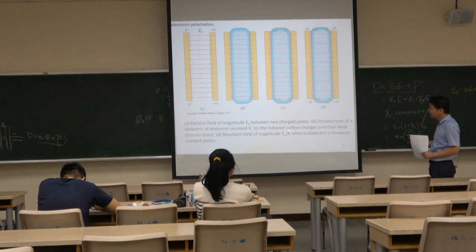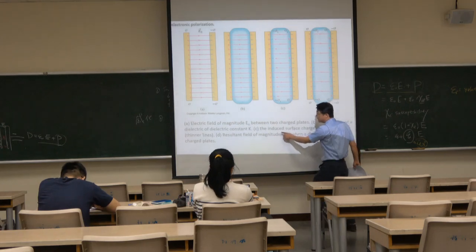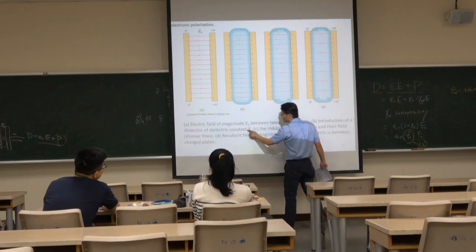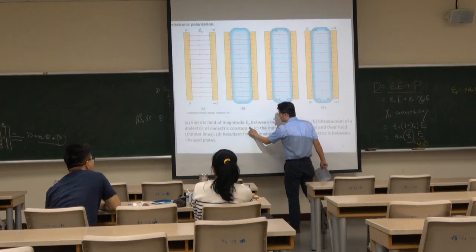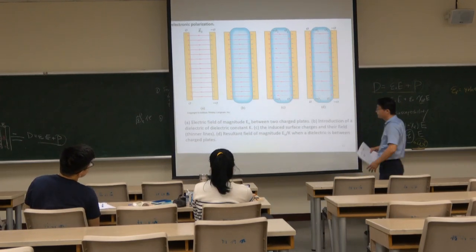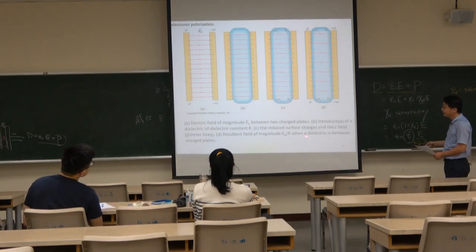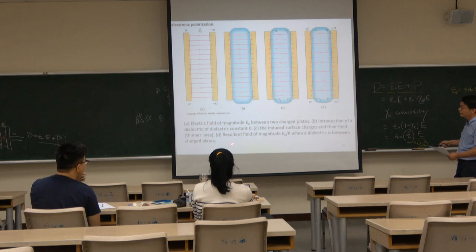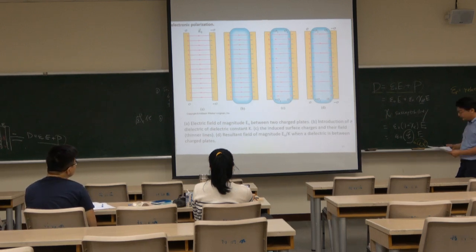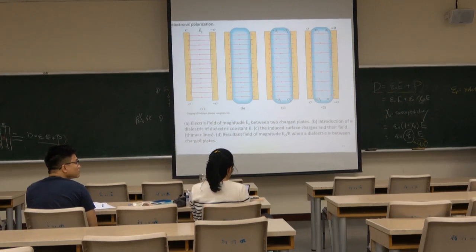K here is the dielectric constant. Sorry if there is a different sign, you can revise it to epsilon as well. This is similar to our previous point, where the dielectric is placed between the plates. So this is the surface charge density.